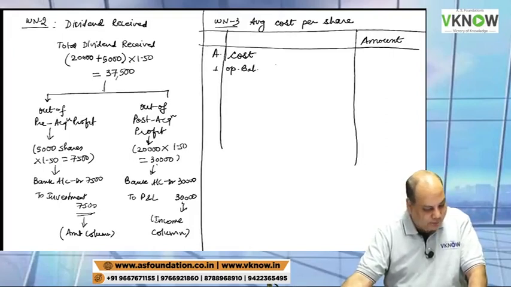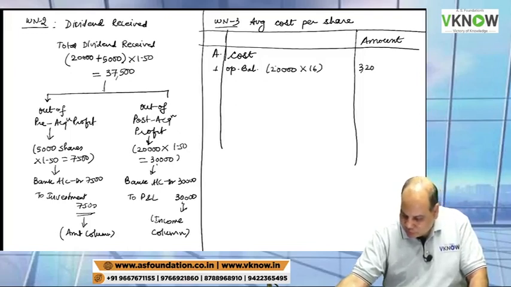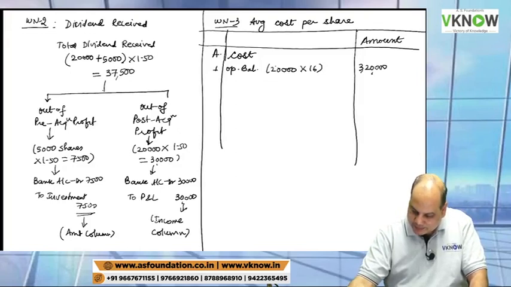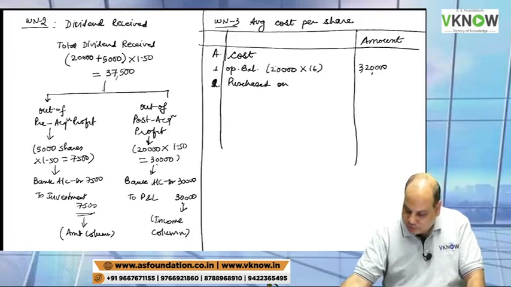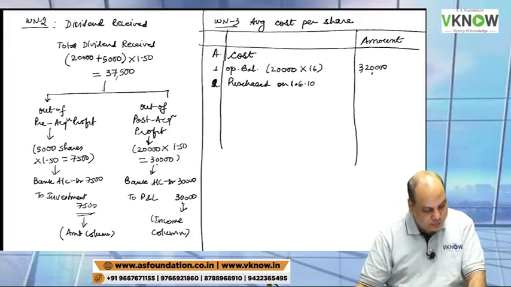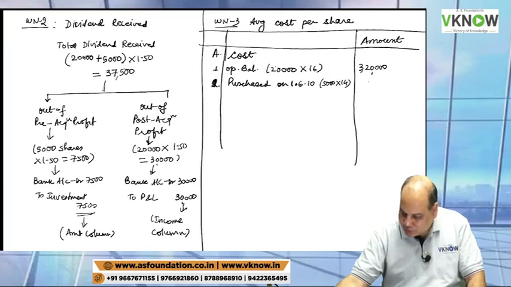Opening balance in the first line of the question, 20,000 into 16 is 3,20,000. Second, we purchased on 1st June, 5,000 shares at 14 rupees.